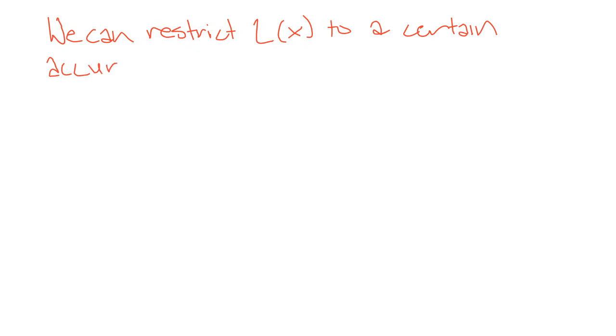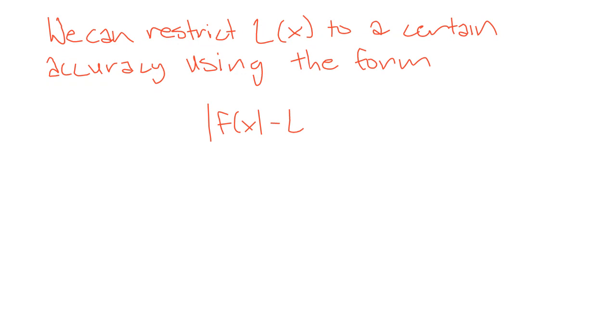When we do this, we're going to use a certain form. So we're going to have the absolute value of our f of x minus our L of x can be restricted to be below some value c.